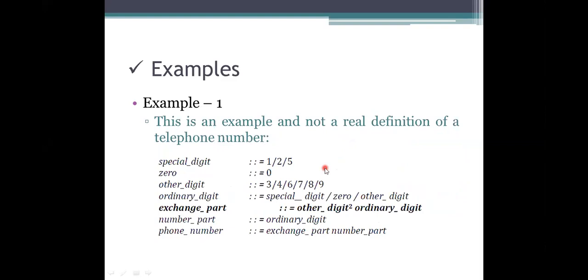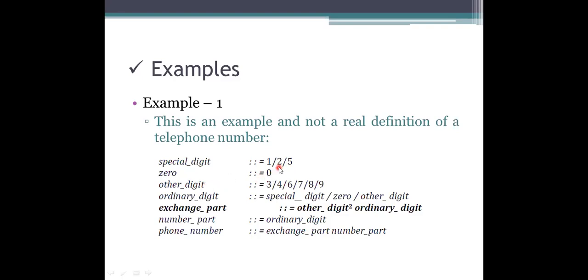If you see this example, we are having 3 such examples. This one is for the telephone number writing, and the other is the input specification, which uses some symbols and data representation. Here this representation uses special digits as 1 to 5, and 0 as another representation.